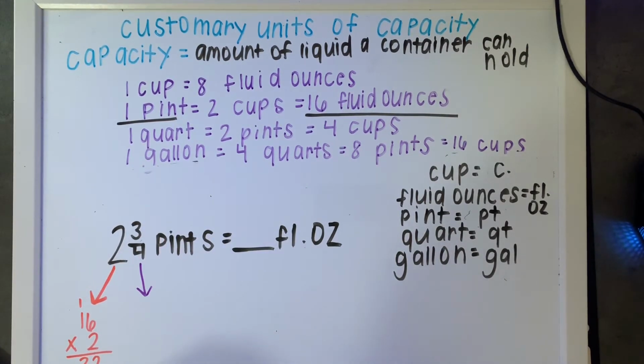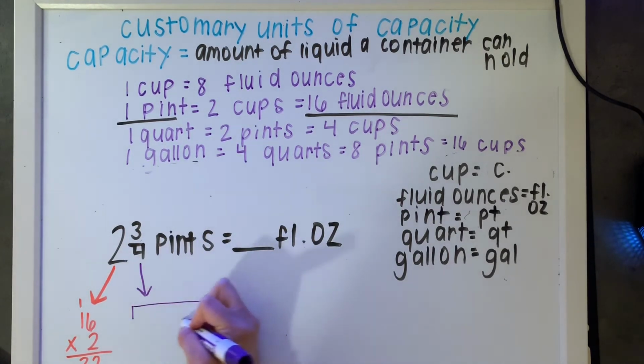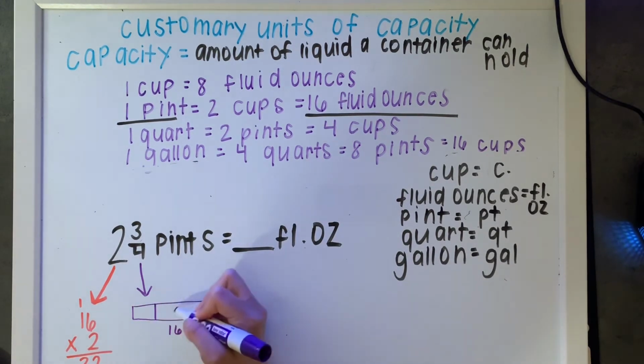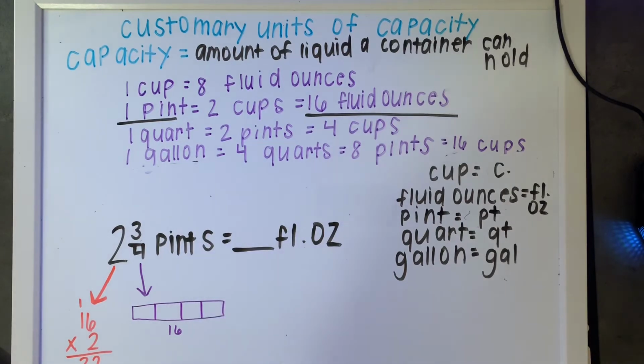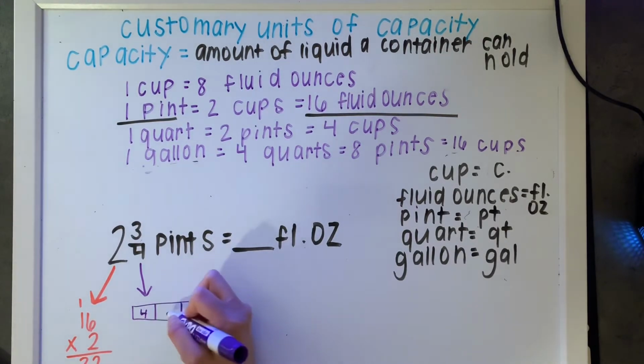So if 16 fluid ounces equals 1 pint, but I need to split it into 4 equal parts. So 1 pint equals 16 fluid ounces, that would be the whole here, but we're looking at part of the whole. So if I was to split these, there would have to be an even amount in each. So 16 divided by 4 would give us 4.